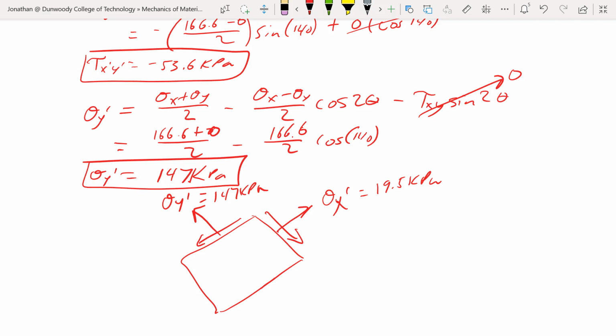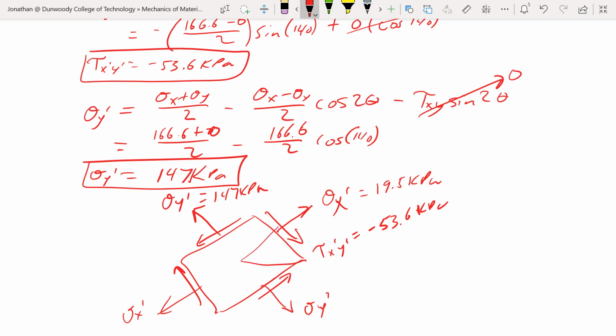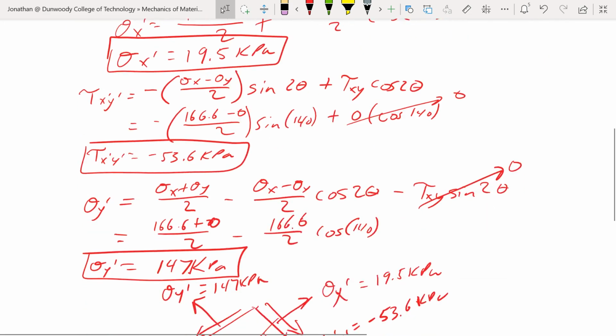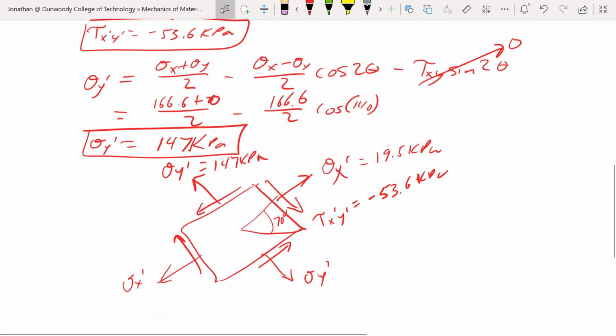Oh, that one I drew backwards, sorry. Tau x prime y prime, negative 53.6 kPa. So we have this one here, sigma x prime, sigma y prime here. And that would be, so, not 40, 70 degrees from our horizontal axis. So just using those stress transformation equations. And there you have it.